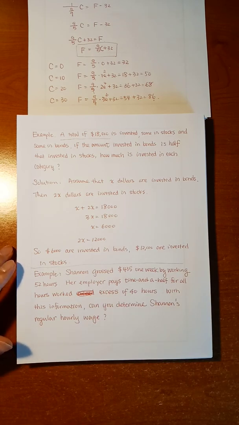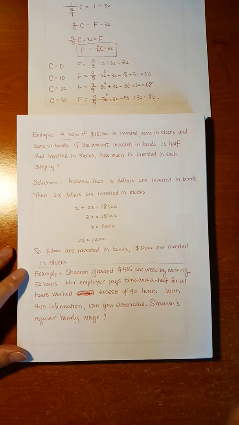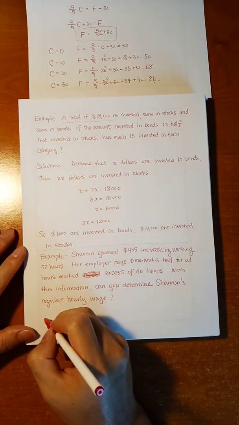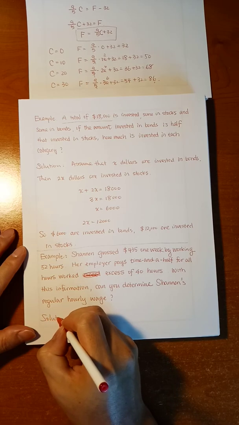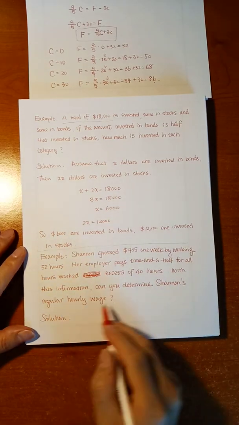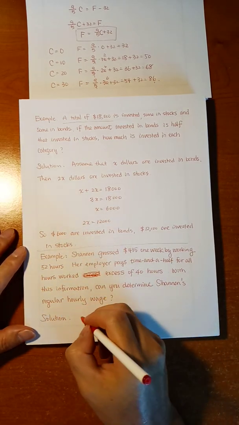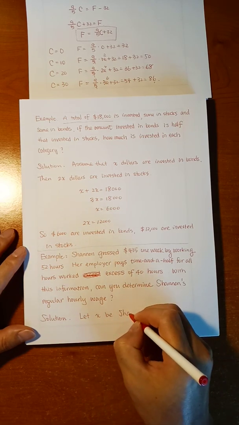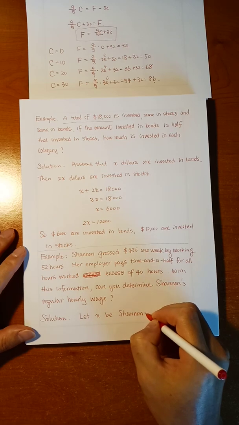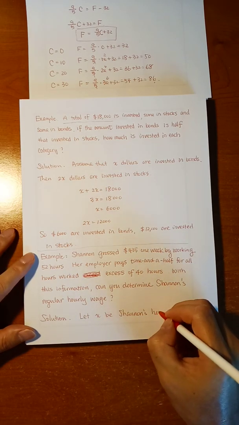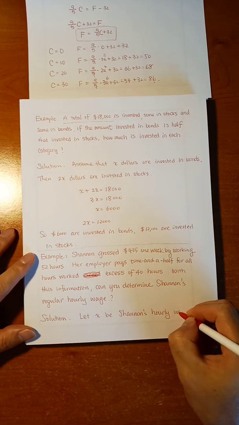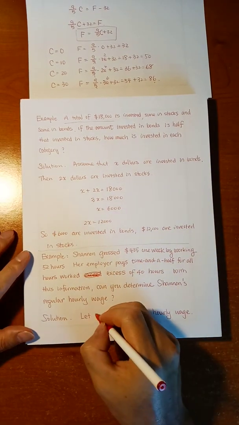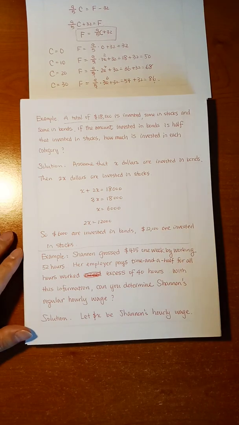Okay, so let's see. We don't know what the hourly wage is. Just let x dollars be Shannon's hourly wage.